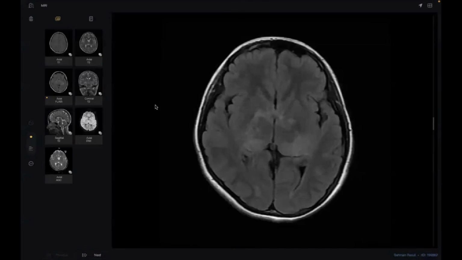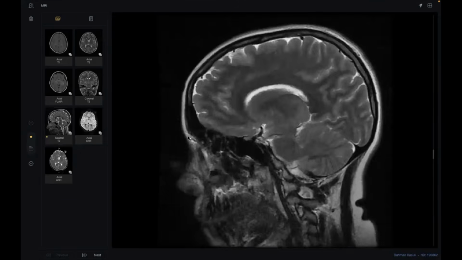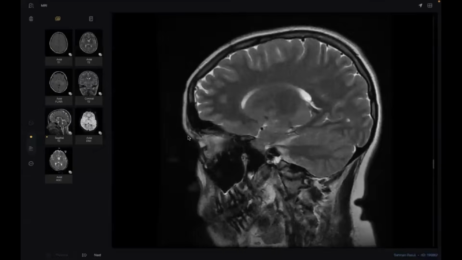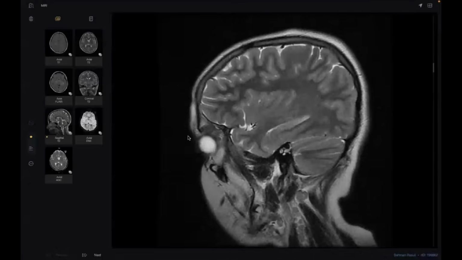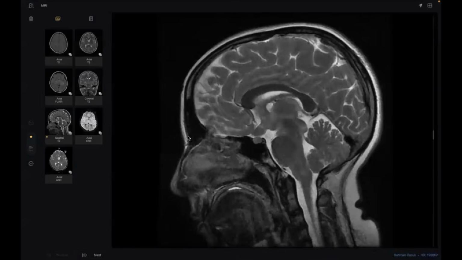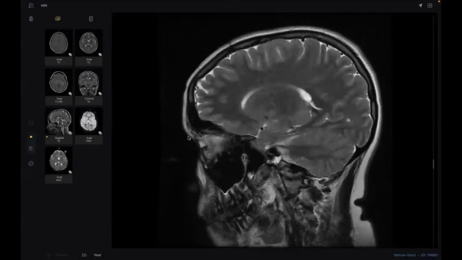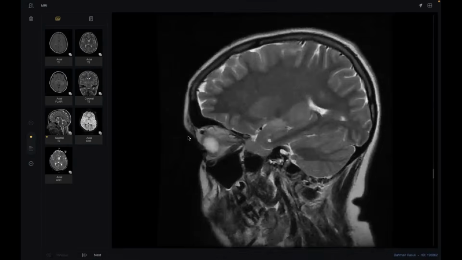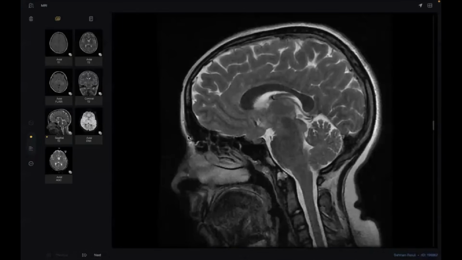Sir, I would also like to see the sagittal images. On the sagittal images, I can appreciate that these hyperintense signals are predominantly involving the brain stem, and there is no evidence of tonsillar herniation.